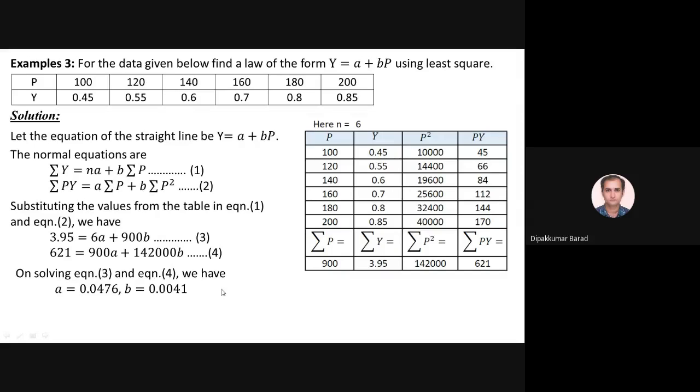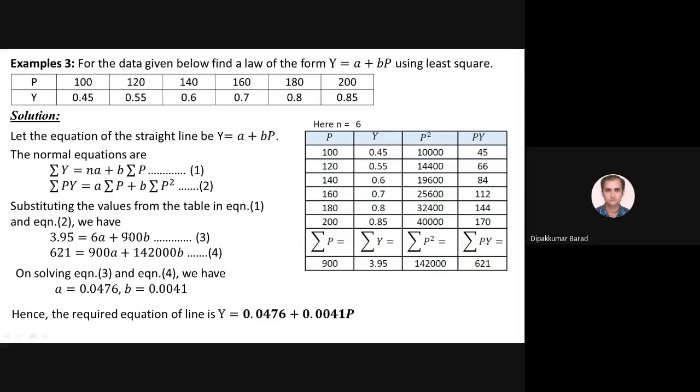So you get these equations. Now example number 4.